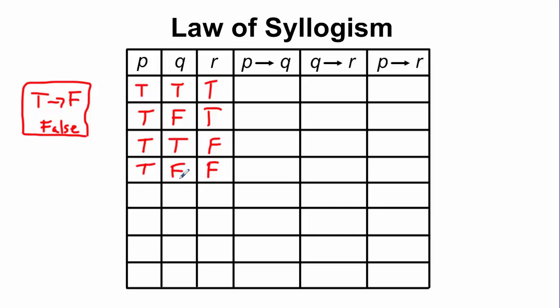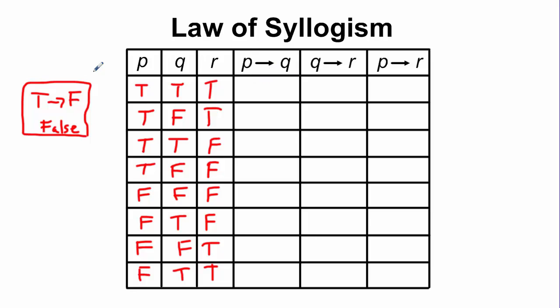Then I can change P to false. So I can have false, false, false; false, true, false; false, false, true; and lastly false, true, true. These are all the different ways that P, Q, and R could be either true or false.